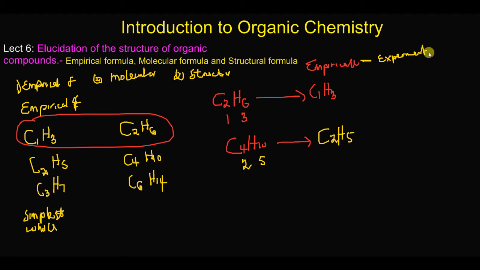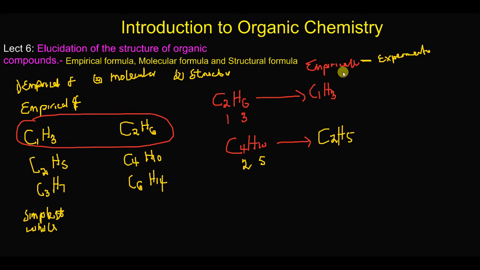Now that empirical, remember in our lectures, after we run the experiment and we determine the percentage composition, we use those percentage amounts to strive for the simplest whole number ratio of the elements within the compound.